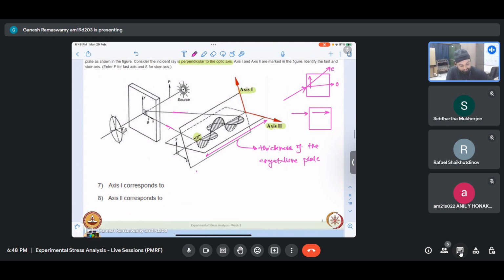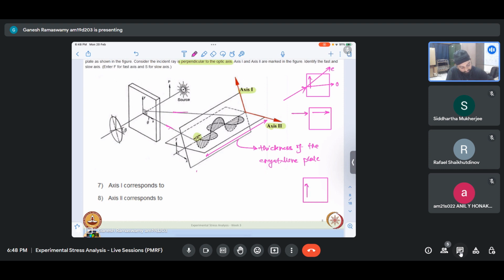Whereas in the other case, where we have the optic axis and the impinging light is perpendicular to it, something special happens: the directions of the extraordinary and ordinary rays remain the same, just that one goes faster than the other, and there is a phase difference acquired through the thickness of the crystal as the light propagates through it.